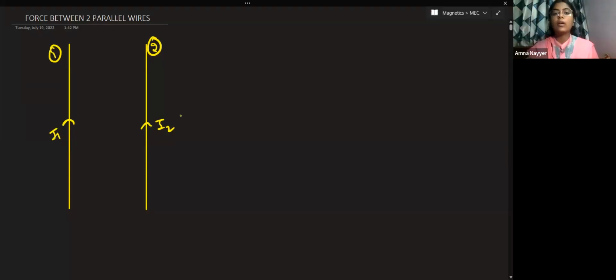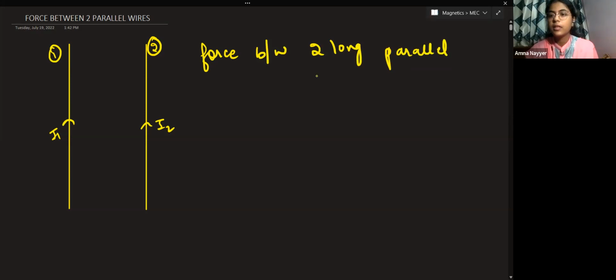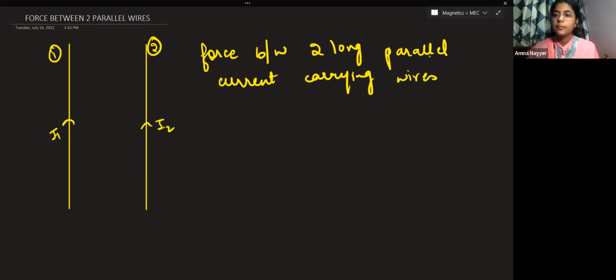We are calculating the force between two long parallel current carrying wires.